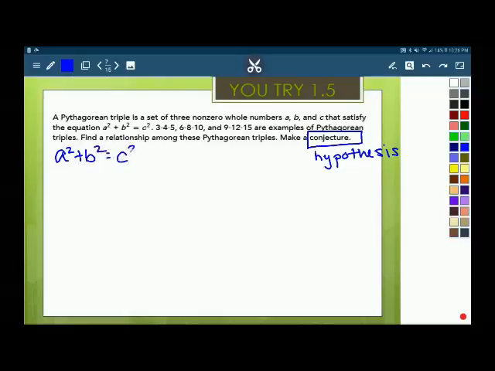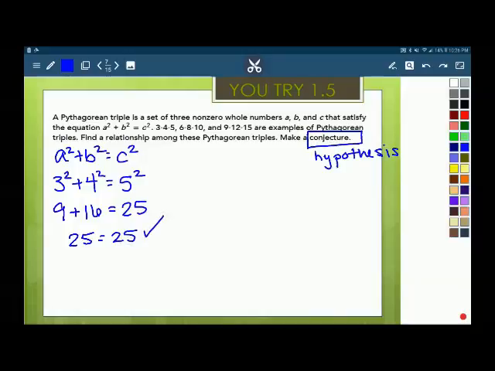Let's plug 3 in for a, 3 squared, 4 in for b, 4 squared, and then 5 in for c, 5 squared. 3 squared is 9, 4 squared is 16, and 5 squared is 25. 9 plus 16 is 25. So I get something that is true. Okay, that's what a Pythagorean triple is: three whole numbers that satisfy the Pythagorean theorem.